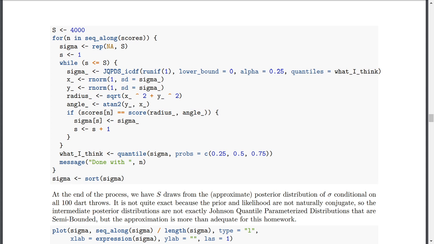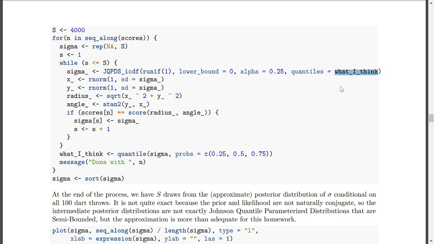And when that's done, we want to update our prior into our posterior distribution by calculating the quantiles of those 4,000, the median, the lower quartile, the upper quartile, to create a new prior, which is in turn going to be used the next time we go through the loop in order to draw from the prior distribution of sigma. So we're drawing from the prior distribution, drawing from the predictive distribution, seeing if we can get a whole bunch of matches.